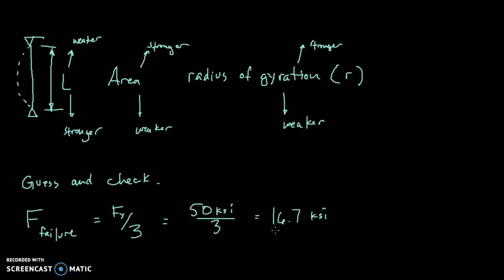So we're going to guess that our failure stress is 16.7 KSI, if in fact we're using 50 KSI steel. But this is just a guess. It's just a starting point so that we can take this stress and then choose an area which will satisfy that stress requirement, and then we will analyze it to see if the column is strong enough or not.